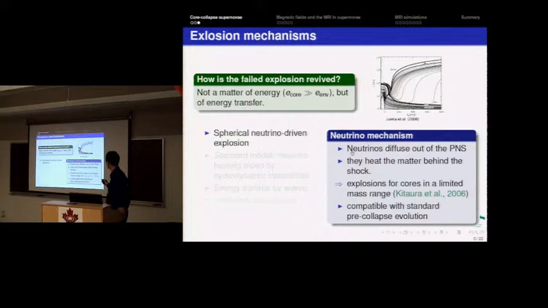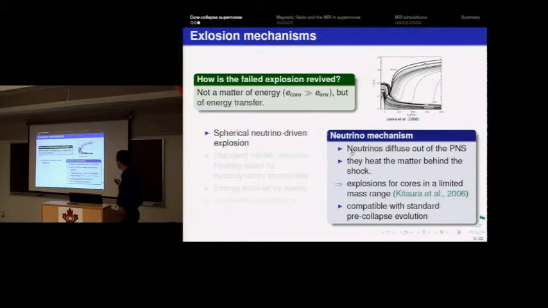You can see during the explosion, initially they collapse from roughly, this is 1,000 kilometers, to a proto-neutron star sitting at 10 to 30 kilometers. Here the proto-neutron star still contracts due to the release of thermal energy by neutrinos, but at a certain point the accretion of matter, those mass shells, is reverted and the explosion starts.